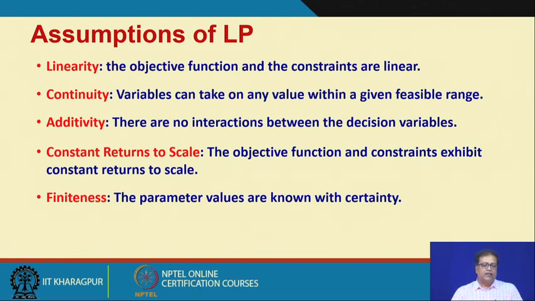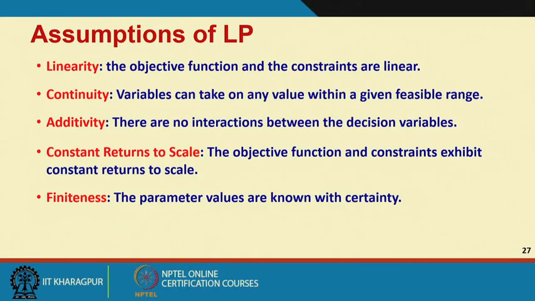Now, tell me, if I translate a linear programming problem to an integer linear programming problem, which of these assumptions will not hold? Think over. It should be the continuity assumption. The variables can take any value within a given feasible range.